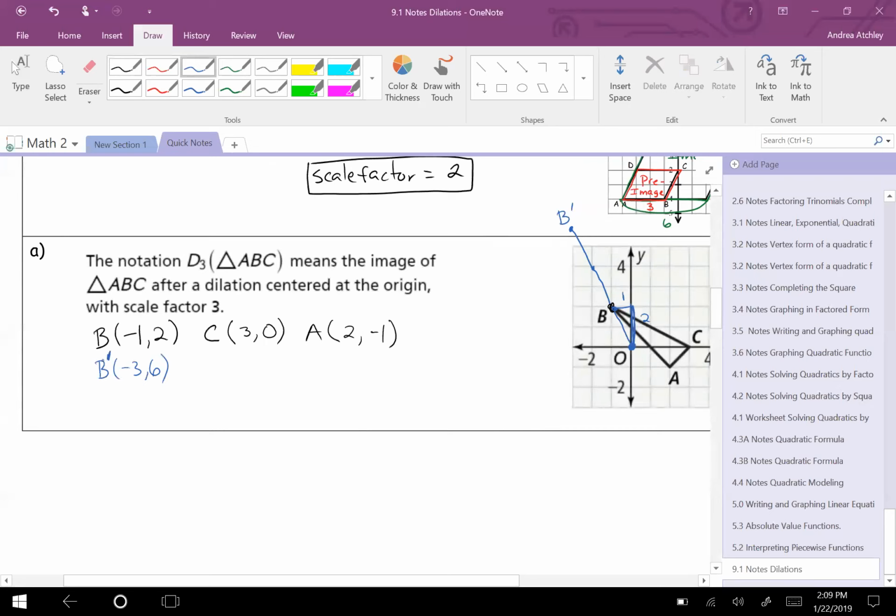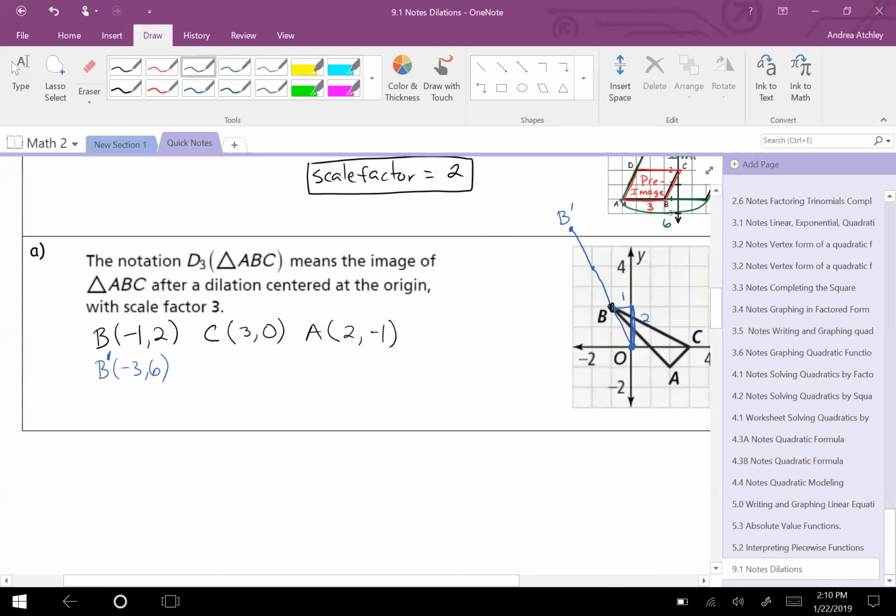That's our new ordered pair. Does anyone see how those ordered pairs are related? We're going to do the rest too. Yeah, we're starting with this. How are those ordered pairs related?